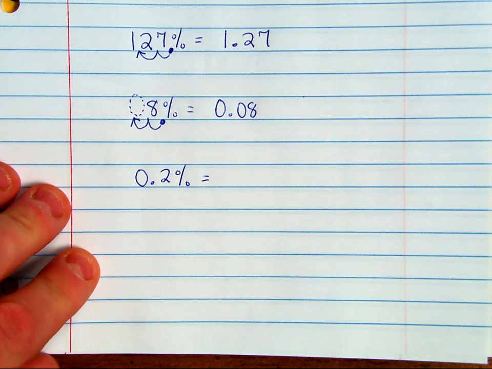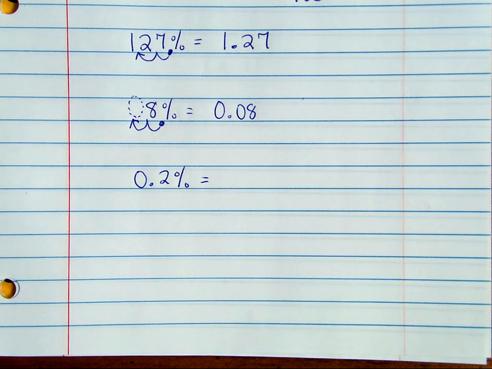Nick? Very close. Very close. Nick said 0.02. Very, very close. Nick? Very good. 0.002.